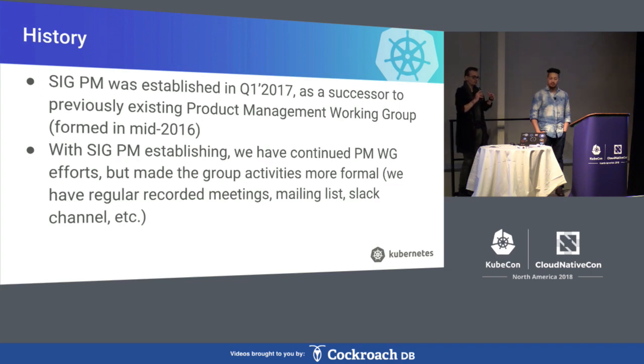How can we work closely with the engineering team on the release-related items? So we started the PM working group at the same time. Approximately half a year after the working group was bootstrapped, we decided to convert it to a SIG to have the defined charter, to have the regular meetings, to have the typical scope, and all these items that make the difference between a SIG and a working group in the Kubernetes community.